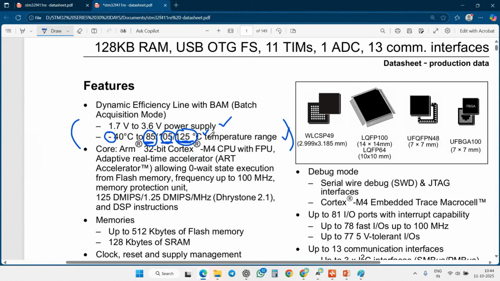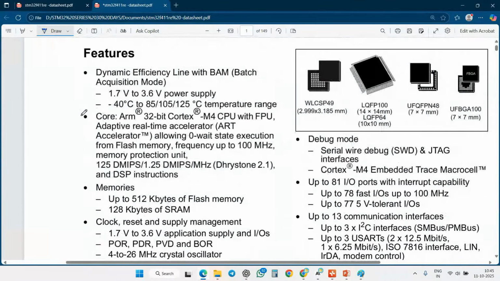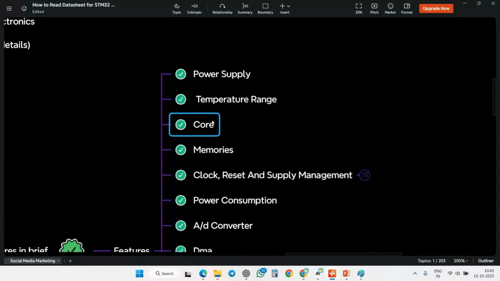So up to this level your complete processor, your controller, can sustain. Okay, and then we are going to study the core processor.